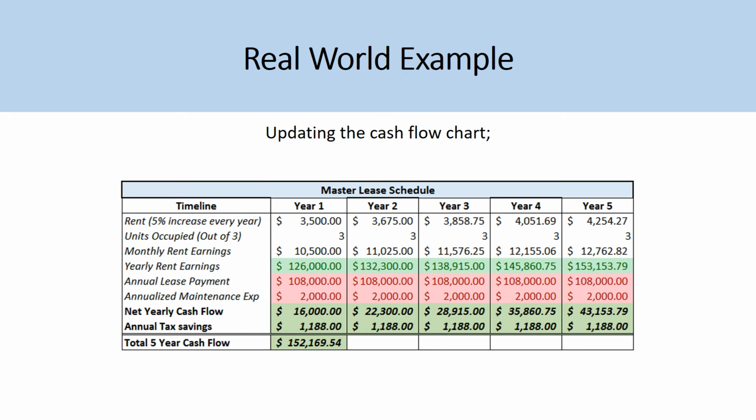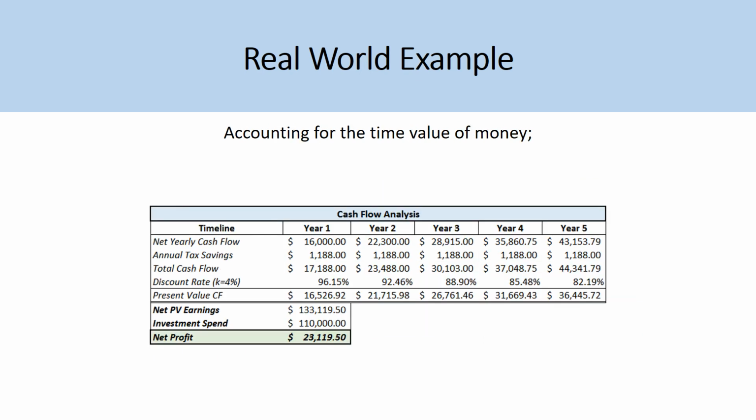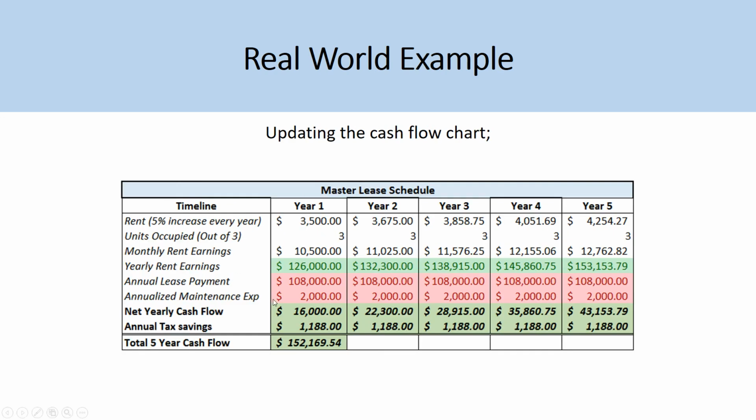Now, these are all random numbers, essentially to display to you how the thinking works behind a master lease option agreement. Now, to really make it realistic and also to account for the time value of money, saying that a dollar earned today is worth more than a dollar earned 2 years from now, we need to discount the future earnings, right? So even though, if we're in year 0 right now, well, at year 5, this $43,000 is not going to be worth $43,000 today.